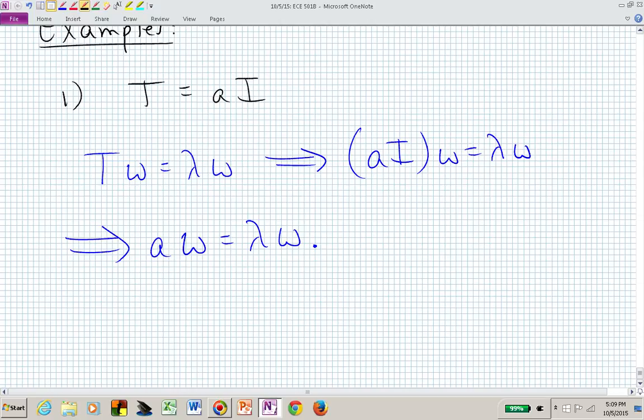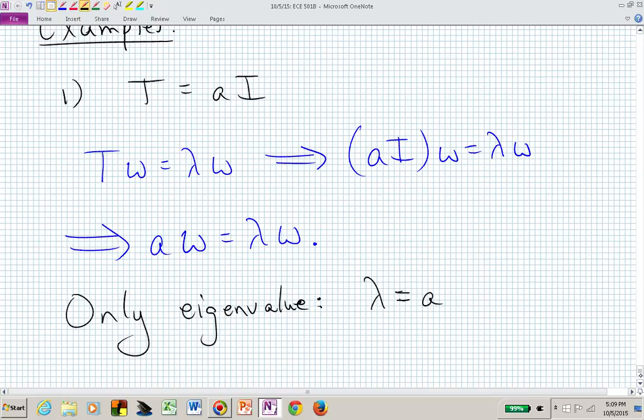We have only one eigenvalue for all of that linear map, don't we? And it's lambda equal to A. So we have the only eigenvalue for that linear map, which is the scaled identity map, is lambda is equal to A.